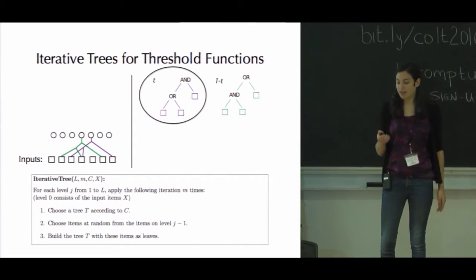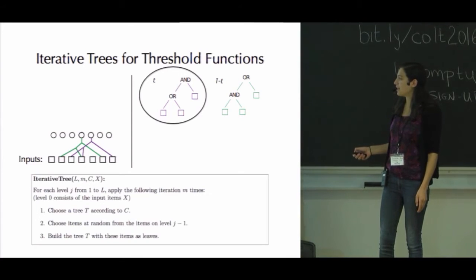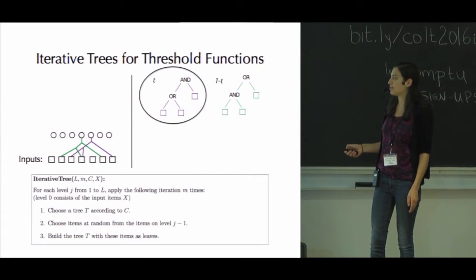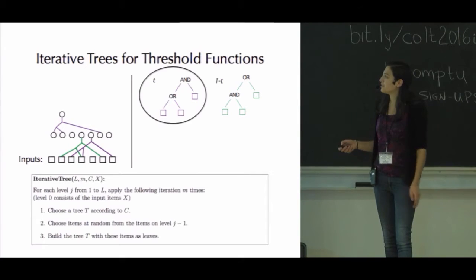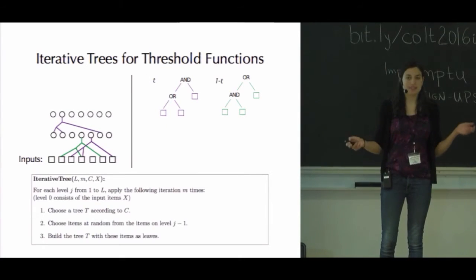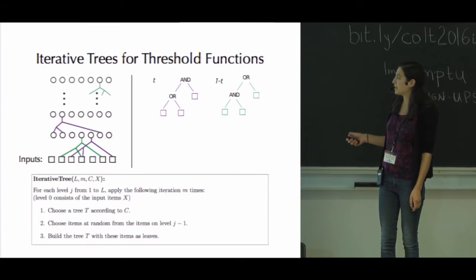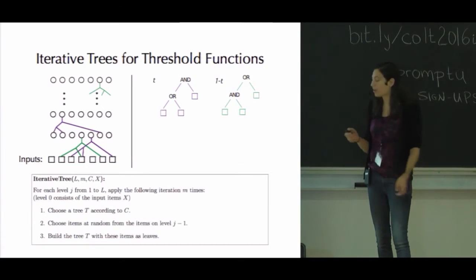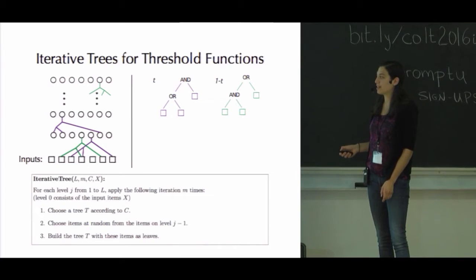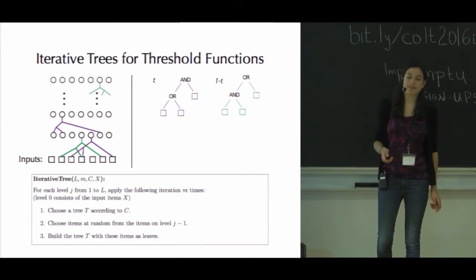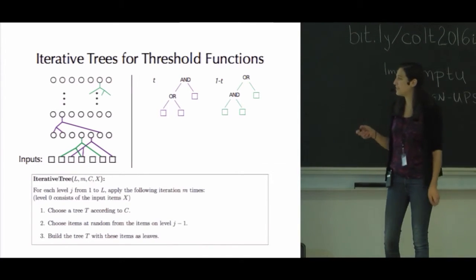We pick a tree again. This time, instead of choosing these items to be leaves, we're going to choose from these items uniformly at random to be leaves. Build the tree. We repeat. We have another level. And we keep doing this. And now I claim that items at this high level are going to fire if and only if t fraction of these inputs fire. And by if and only if, I mean if and only if with high probability.